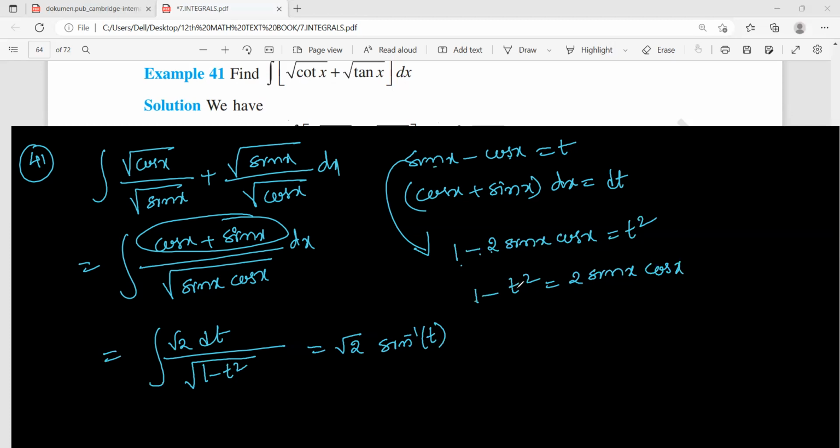Got it? Root 2 into sin inverse t minus t squared by 2. Root 2 into sin inverse t is sin inverse of sin x minus cos x. This is your answer.